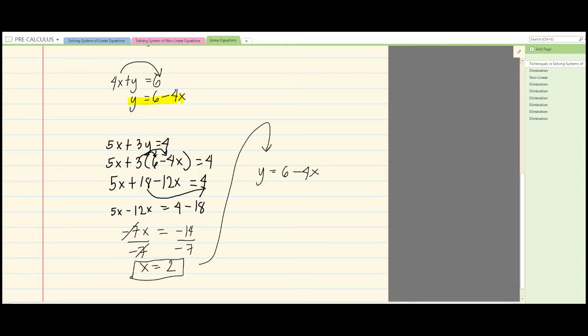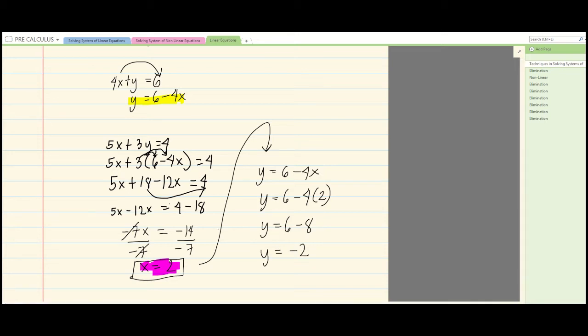So y equals 6 minus 4 times 2, as written there, and then we multiply that. So 6 minus 8, and y equals negative 2.